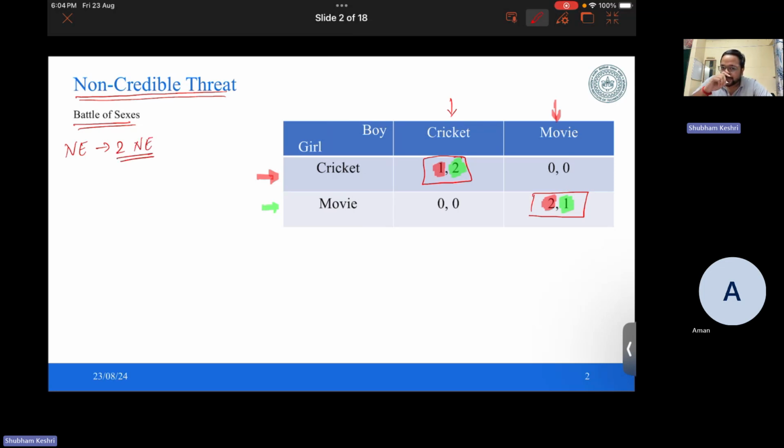All right. And what are these Nash equilibriums? These Nash equilibriums are the points at which the best responses of both the players are intersecting.